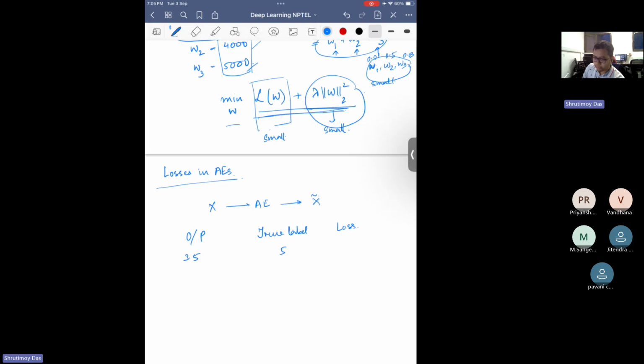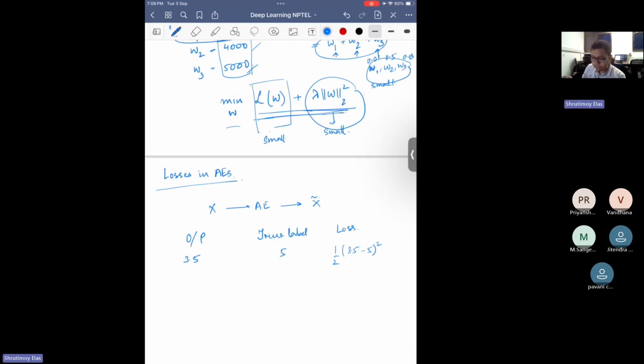Will you use squared error loss, MSE loss, or cross entropy loss? Yes, we'll use MSE. So in our case, it will be 3.5 minus 5 whole square, and then there is some half term here.